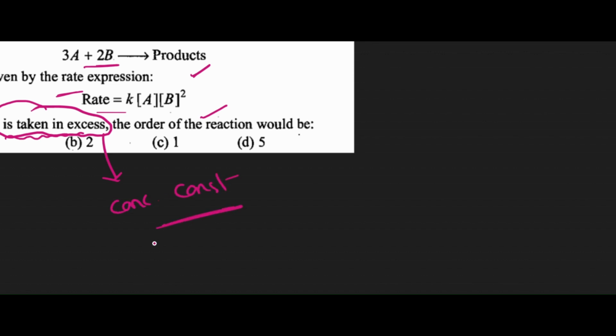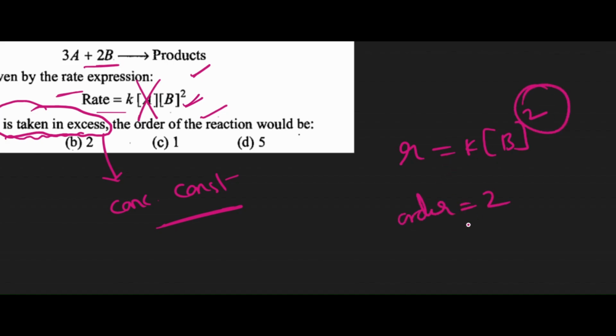There is no effect on the rate of reaction, so the concentration of A will be negligible. Whatever remains will be the deciding factor for the order of the reaction. Therefore the order will be equal to 2. Clear? And hence the option will be B.